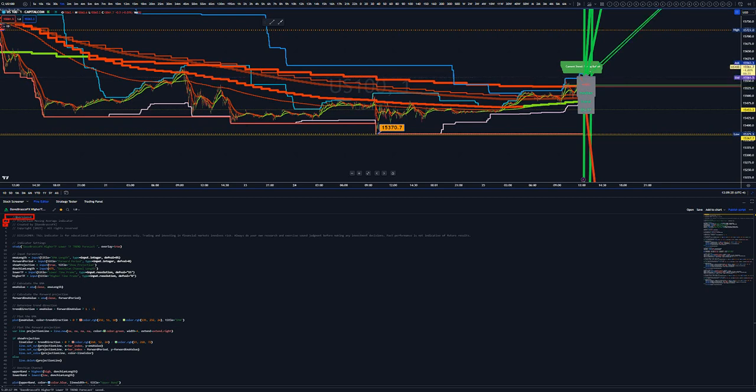And once you did it, after that, you click on Add to Chart, and then automatically it will display.